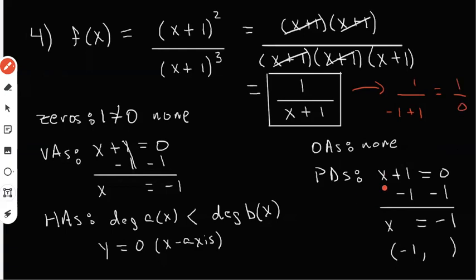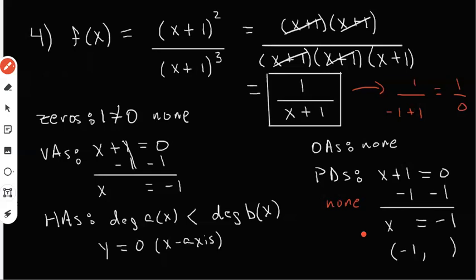So that means this is kind of crazy, so I'm just going to write none. No point discontinuities. Now there is a point discontinuity there, but it is the vertical asymptote. So it's going to be an infinite discontinuity, not a removable discontinuity like a hole in the graph. So for PDs, we're going to write none.